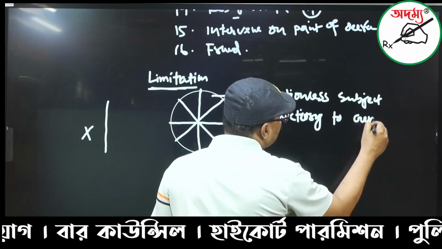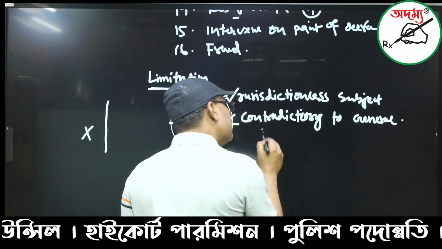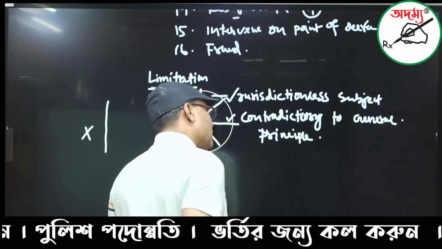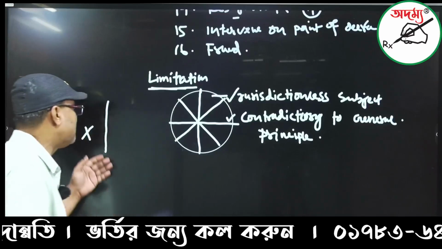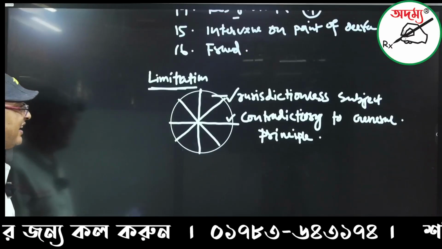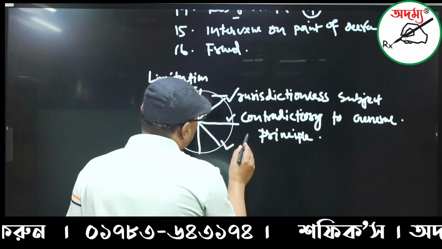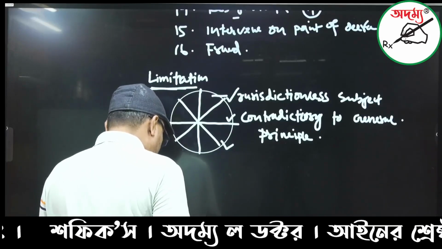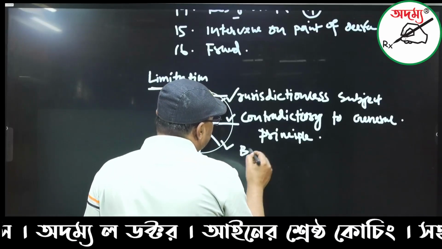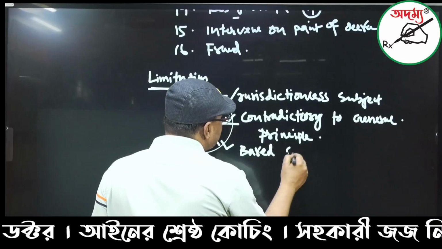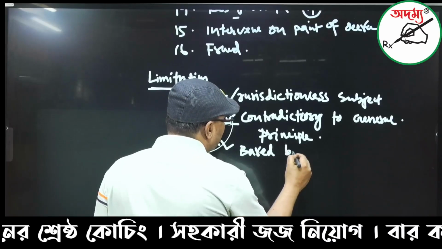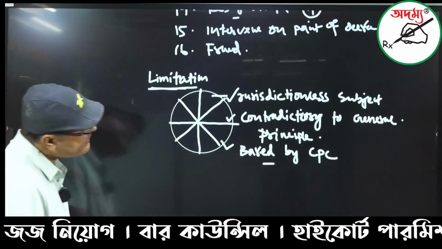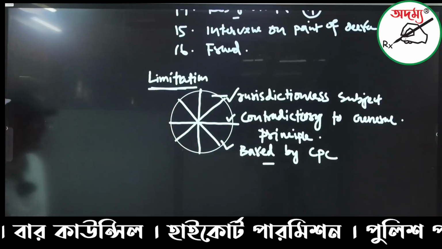If there is an existing power like this, and the general principles are contradicted, there is no option to apply this doctrine. And another number is matters barred by the CPC. Several thematic approaches are barred by the CPC. In this regard, there is no applicability of this doctrine.